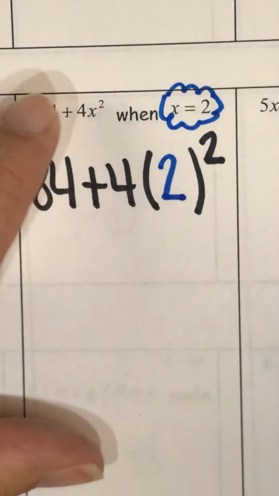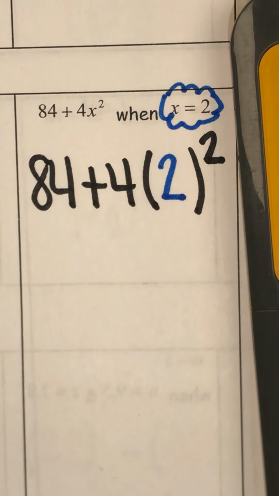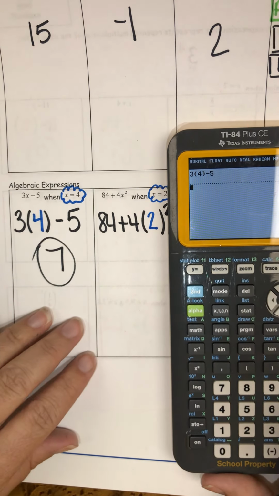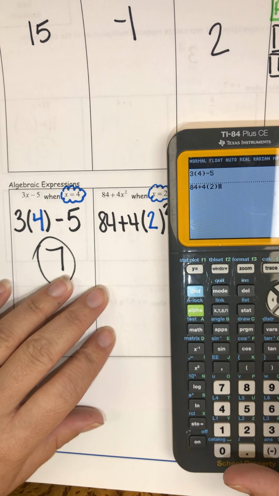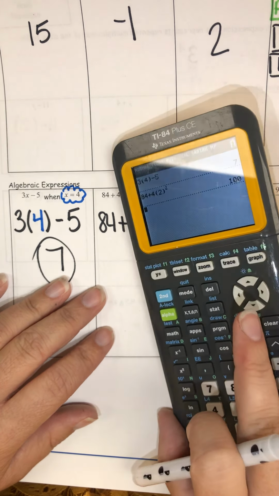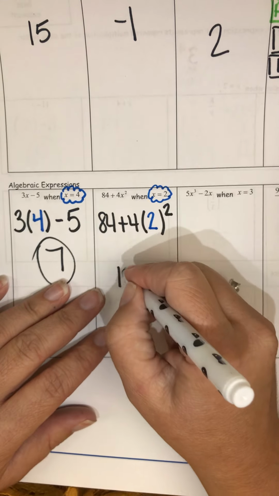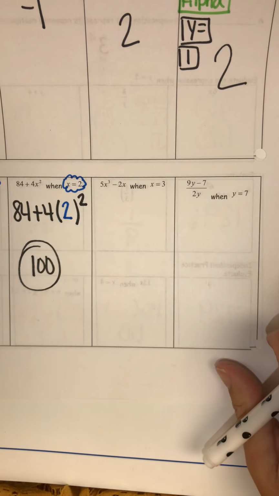I'm going to plug in a 2 there. Now I'm going to type this in my calculator exactly as I see it. So 84 plus 4 parenthesis 2, and that is squared. Enter. So my answer is 100. Hopefully you're getting these same types of numbers. If you're not, you can reach out to me by email, and I can try to help you out.